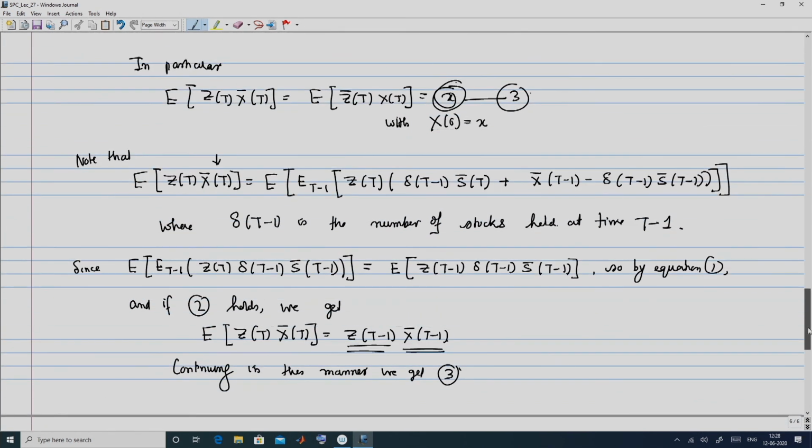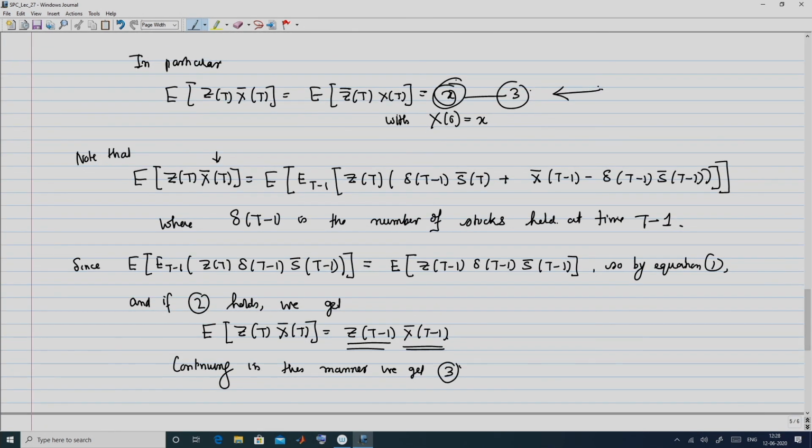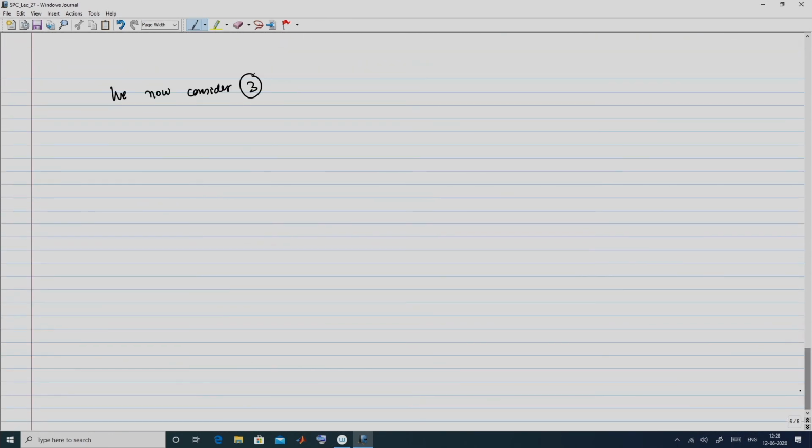We now consider equation 3, that is this equation here, as a constraint for our problem of maximization of the expected terminal wealth.